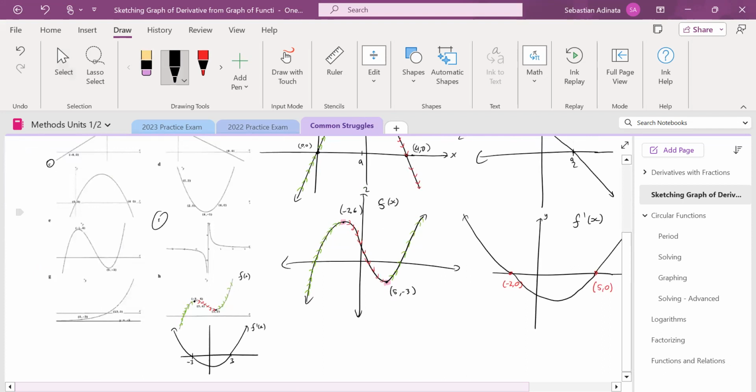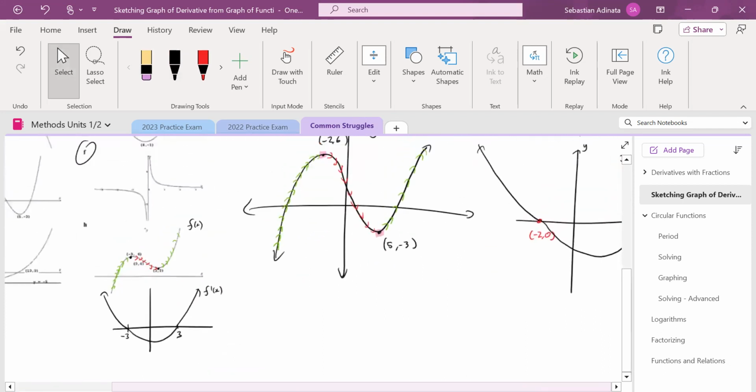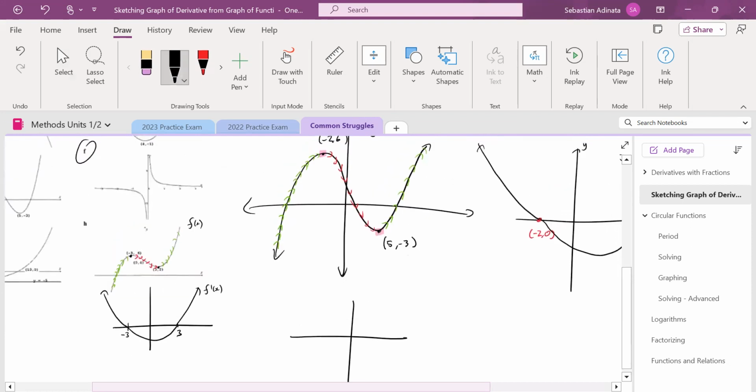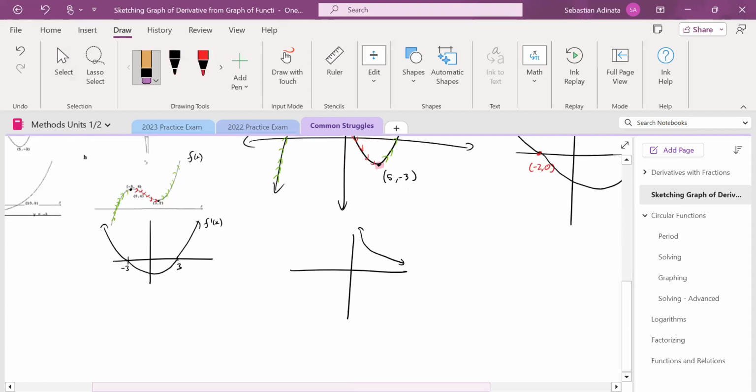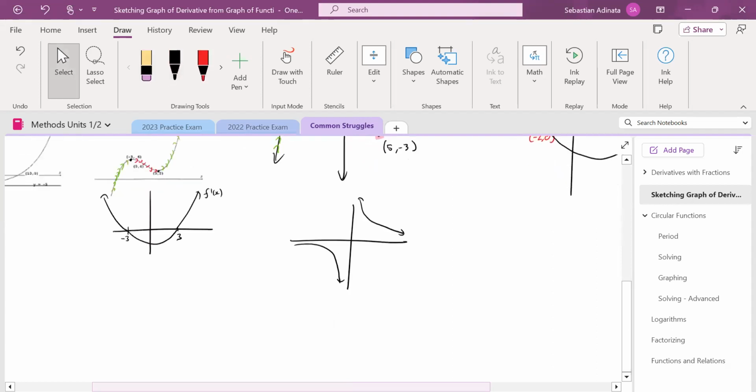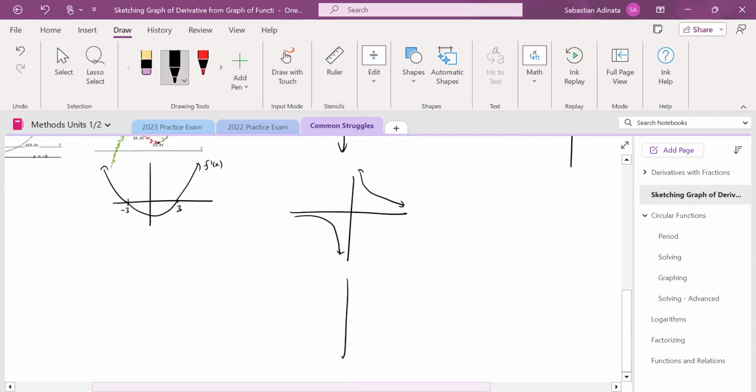Now let's look at f. F is slightly tricky. You may not have covered this in your class this year, but let's roughly do the same technique. We aren't given any turning points, but we are given how the graph acts.